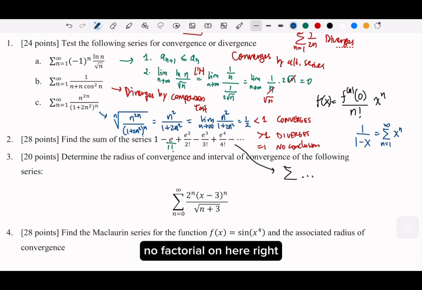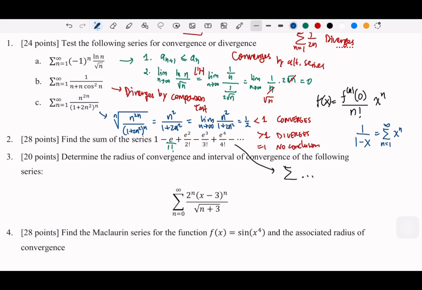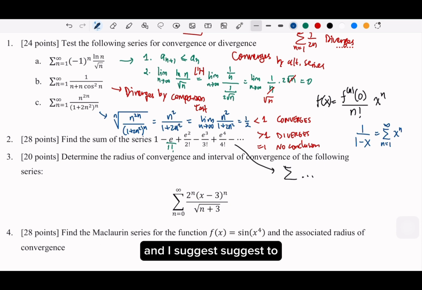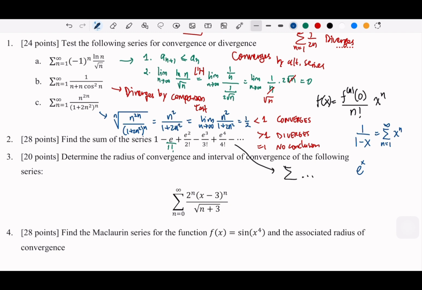No factorial here, right? If you choose this function. And remember, we also have e, right? And I suggest to study this e. What is the series for e? Anyone remember? Sum of.